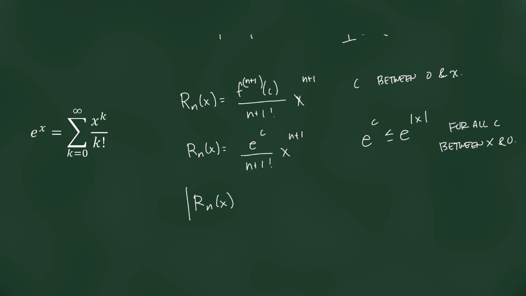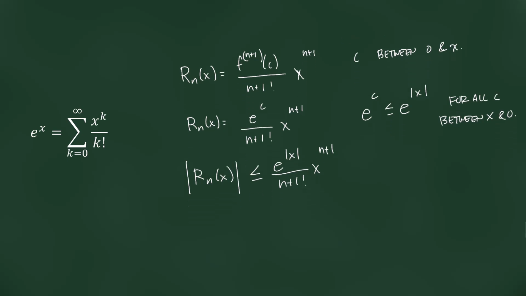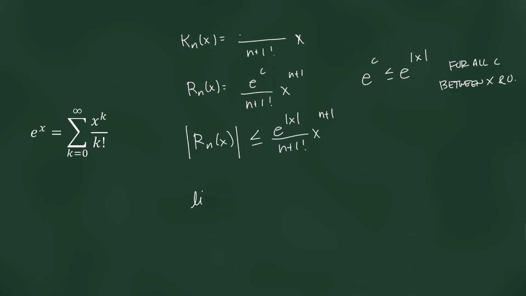We're going to throw an absolute value around that so that we can use positive values of x here. This is going to be less than or equal to e to the absolute value of x over n plus 1 factorial times x to the n plus 1, or no factorial on that. Remember, we want to examine the limit as n goes to infinity of these errors.